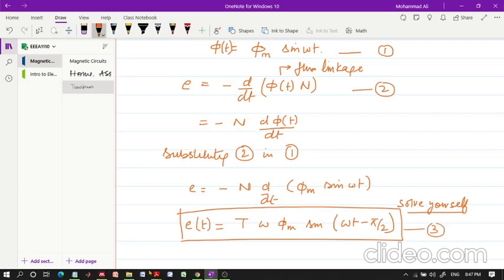Are you following this? That means there is a certain magnitude of this EMF, and it has a frequency of omega, and it is lagging by pi by 2. Lagging what? Lagging the flux, because the flux is omega t plus 0. There is no angle.